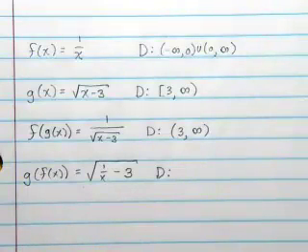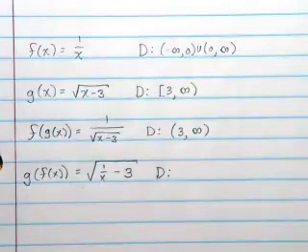Start with the 1 over x. What number is bad there? 0. So automatically can't use 0. I also have this square root over the whole thing. So the result of this is going to have to be positive or 0. The result of the whole thing needs to be 0 or larger.